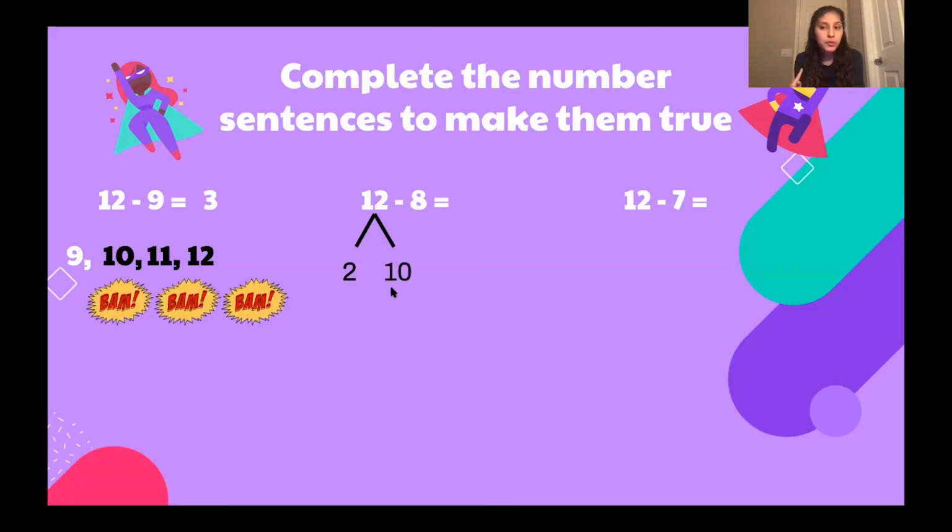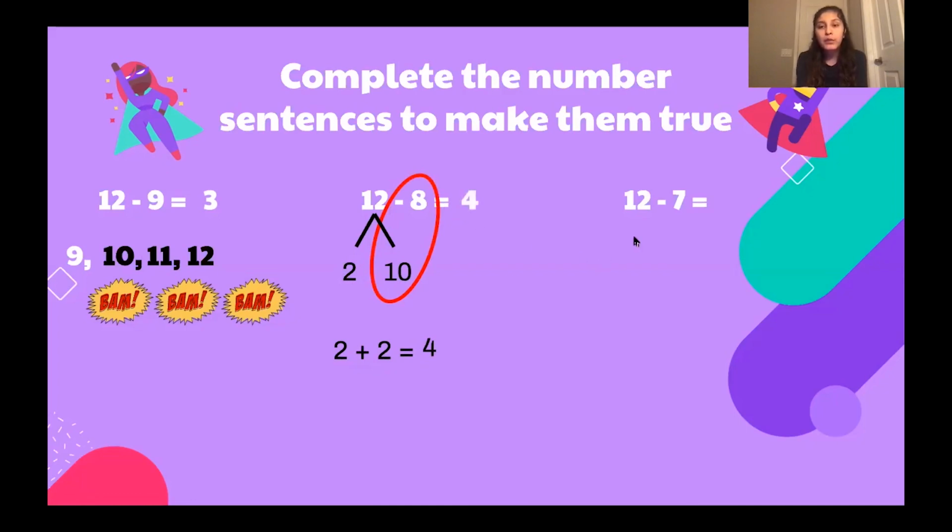Now I can subtract 8 from 10 because I know that 10 minus 8 equals 2. So 2 plus the 2 that are there. So 2 plus 2 equals 4. So 12 minus 8 equals 4.